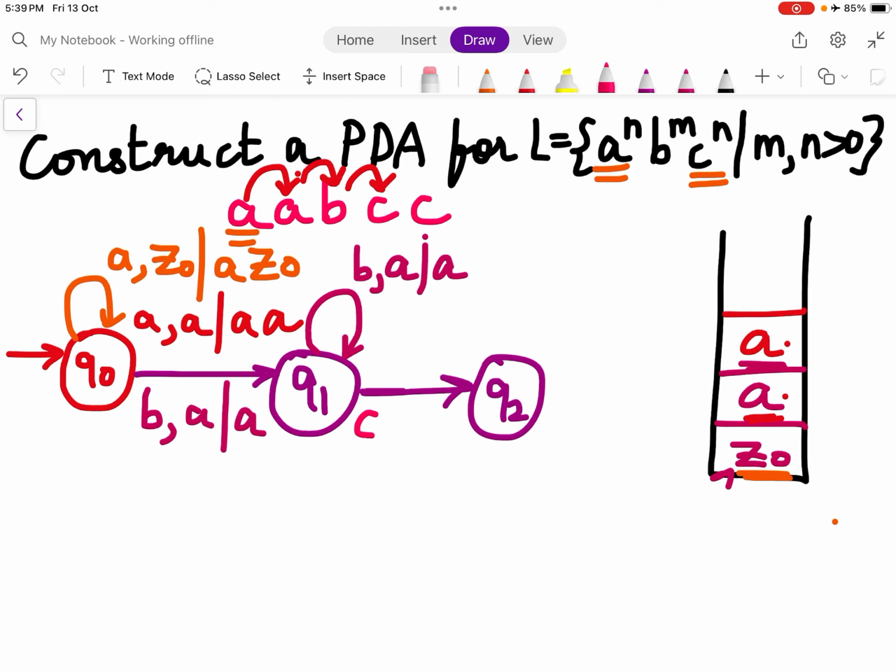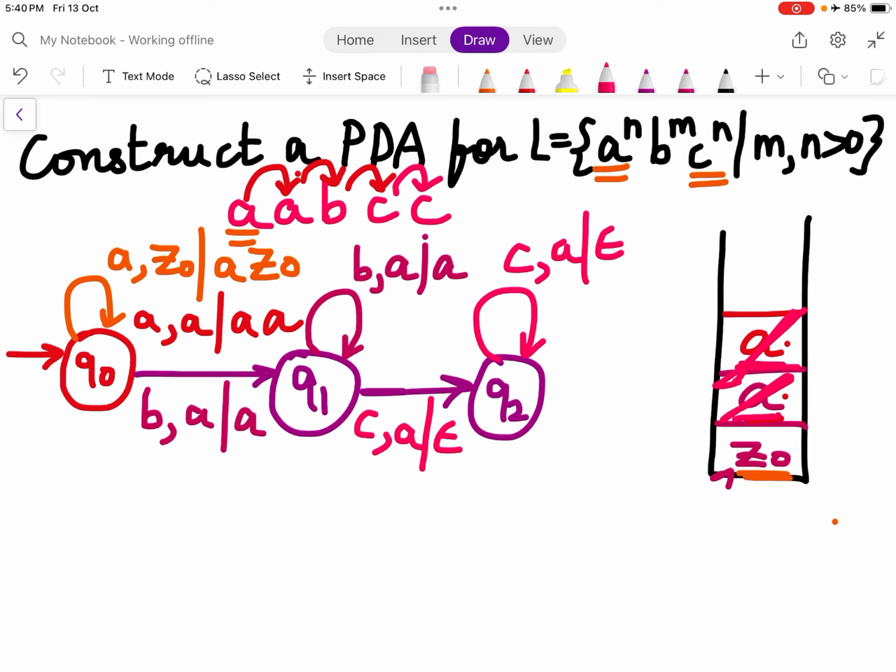On seeing a C, top of the stack has A, pop it. So you get epsilon, pop the A. Again, on seeing the next C, on top of the stack you have A, pop that A. So you get epsilon because you are popping, you get a null string. When you pop, you get nothing on the stack.